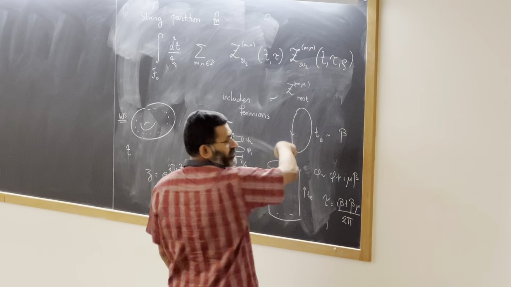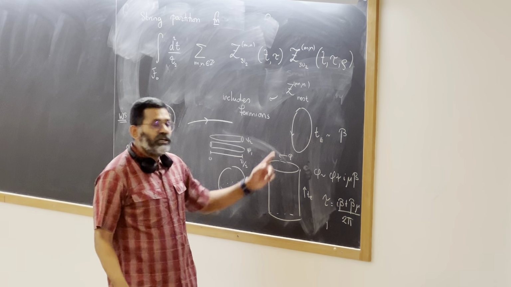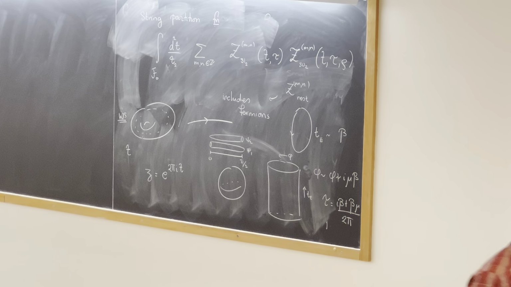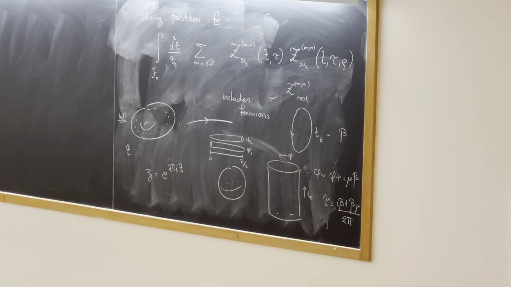I have a circle in target space, and this circle is not contractible. So fermions can have any boundary condition I can choose; both periodic and anti-periodic boundary conditions are allowed in the target space.